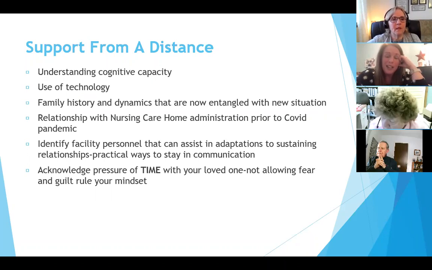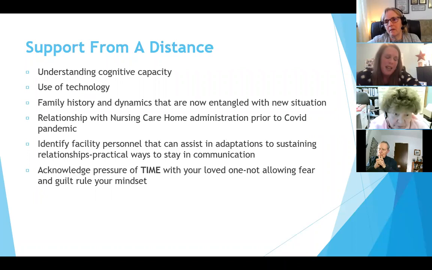Something that I wanted to note with this slide, and this is when we talked about making friends with our helplessness, is the pressure of time when your person goes into a facility or nursing care home: I only have so much time left with my loved one.